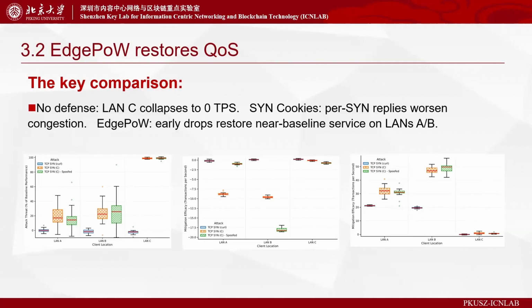With EdgePoW, invalid SYNs are dropped at the attacked ingress before consuming core bandwidth. Lanes A and B recover to near-baseline service. Lane C remains the most constrained because benign clients share the attacked ingress, but service is preserved rather than collapsing.